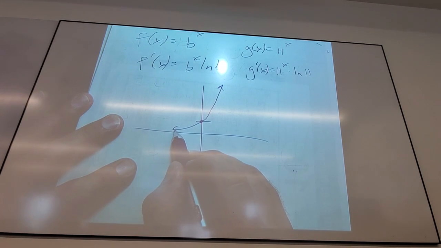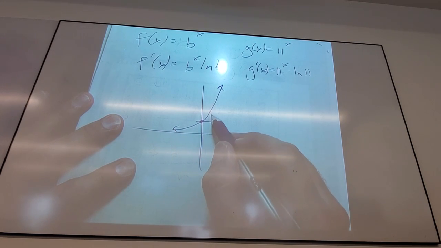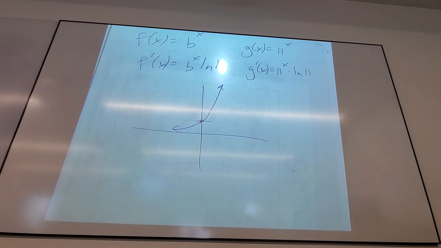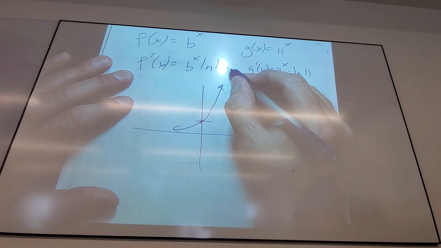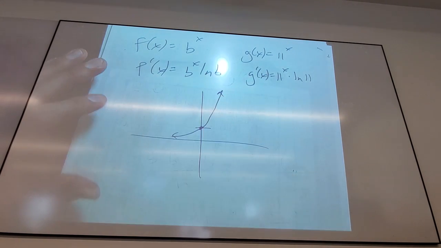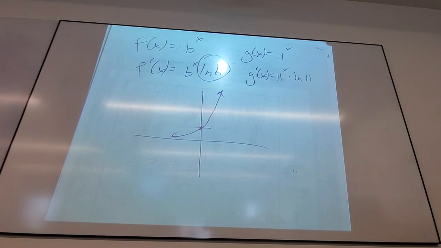What's it doing as I move over? Getting bigger positive, correct? And then as I keep going, isn't this picture of the slope following the graph? If the base would be e, it would follow it perfectly. In fact, it would lie right on top of it. If the base is anything else, this tells me how far off I am.